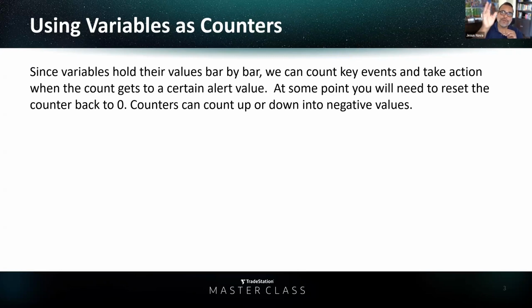At a certain point, you're not going to have that higher high, and you need that mechanism to reset that counter back to 0. Counters can count up or down into the negative values. If you want to know lower lows and designate a negative value for that, you can also keep a counter by subtracting 1 rather than adding 1, which gives you negative numbers.